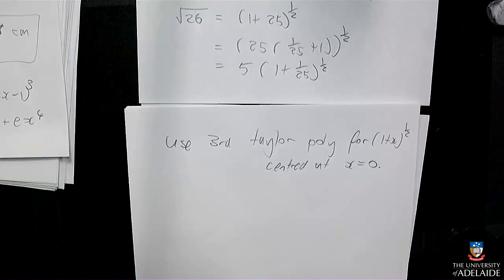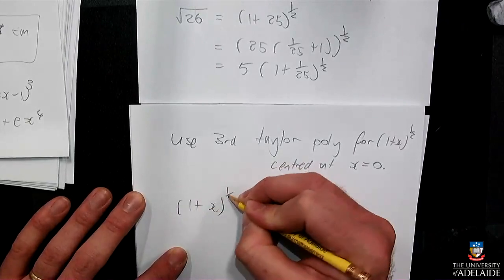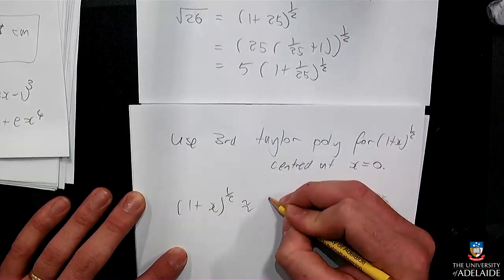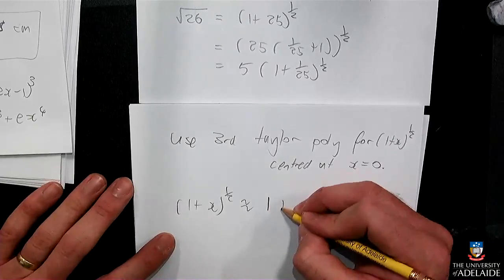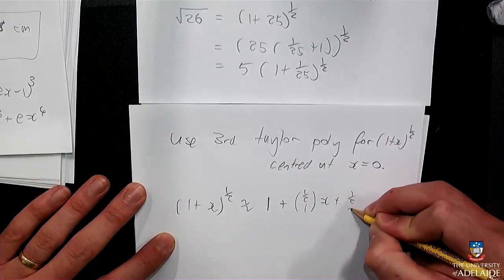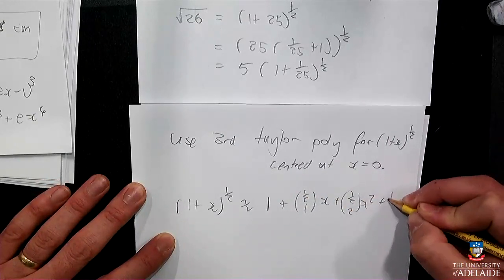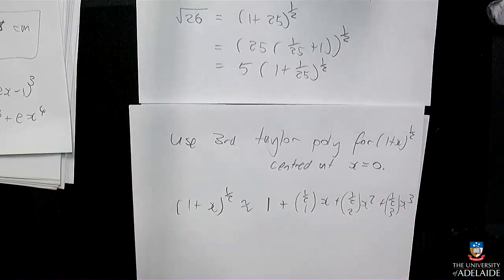And we don't have to calculate that with all the derivatives because we're allowed to use this shortcut. So it'll be 1, it's always 1 at the beginning. And then it will be a half choose 1 times x, plus a half choose 2 times x squared, plus a half choose 3 times x cubed. That's the third Taylor polynomial.